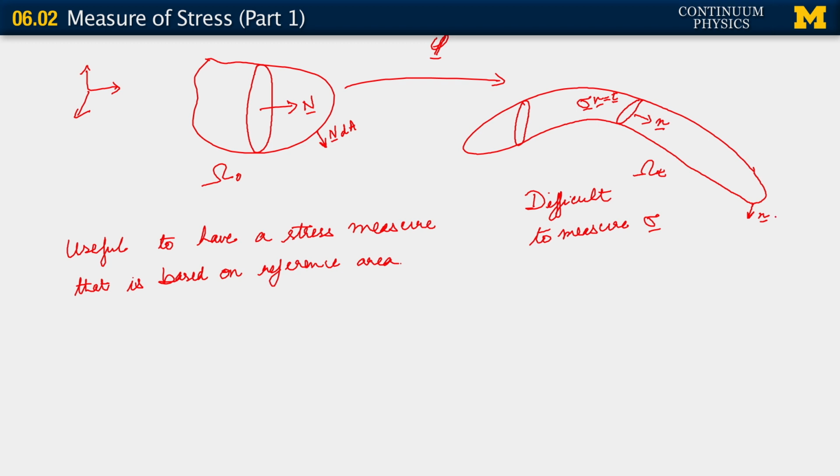That area vector goes on to becoming n d little a here. Okay? Let's suppose that we deform this body by applying a traction. Now the important idea here is that since the traction is something we are applying as a boundary condition, we can always control the direction of traction. And in fact, let's suppose that we are indeed doing this, okay?